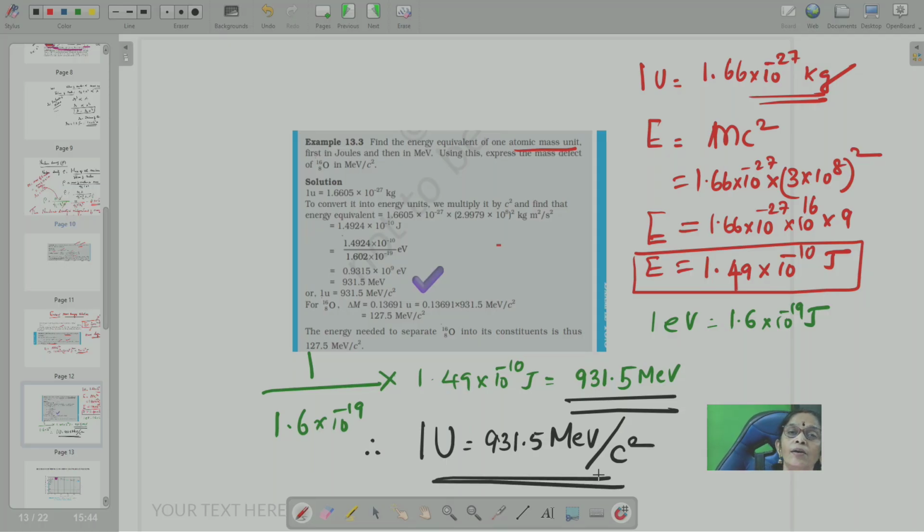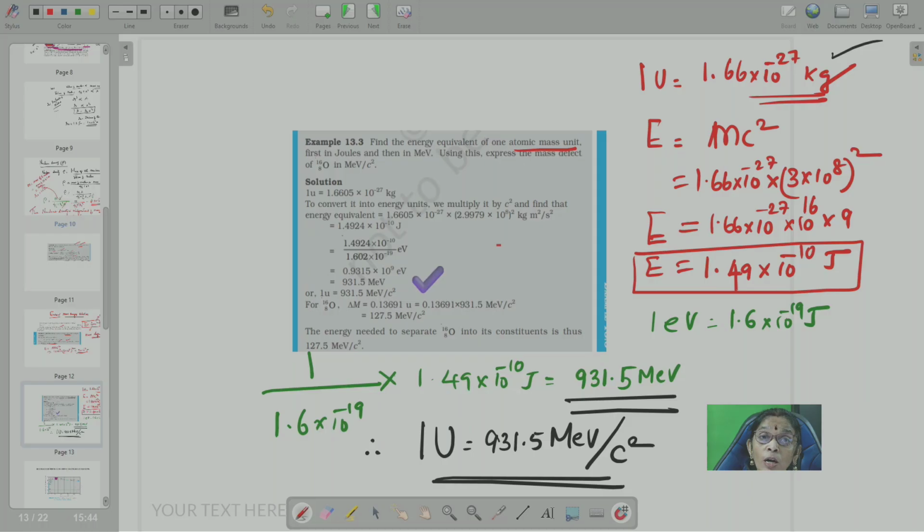How do you know the standard value for k, the force constant? 9 into 10 power 9 Newton meter square per coulomb square. How do you know epsilon naught, the permittivity? 8.8 into 10 power minus 12 coulomb square per Newton meter square. In the same way, you have to know 1 atomic mass unit in kilogram, that is 1.6 into 10 power minus 27 kilogram.